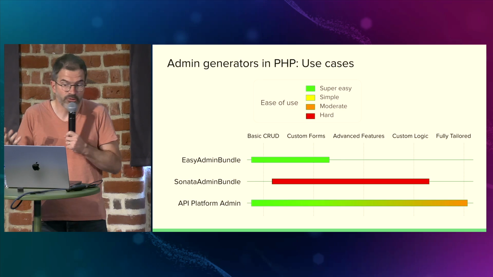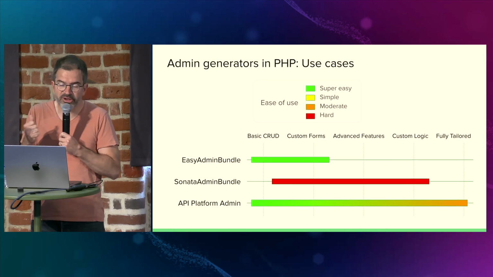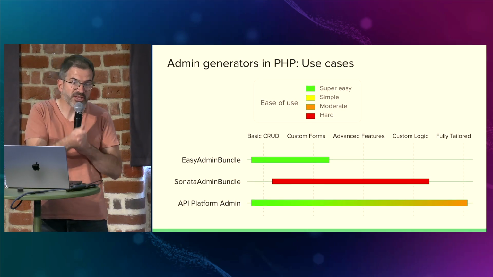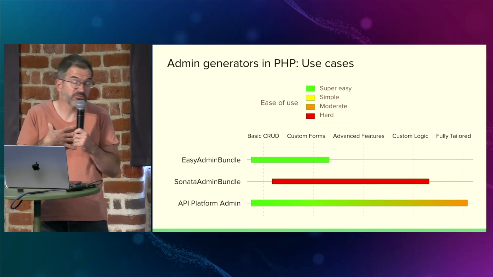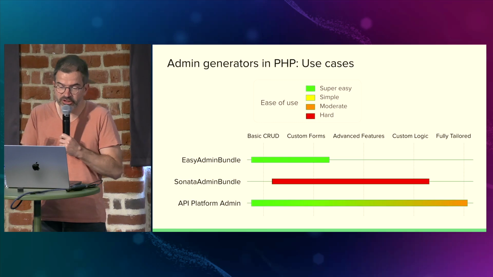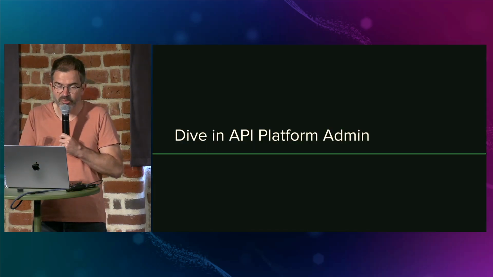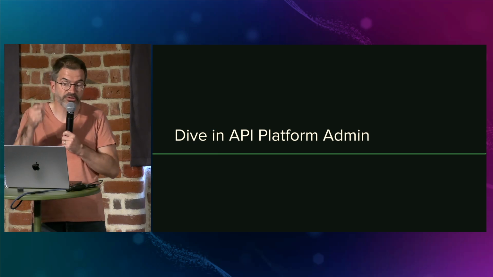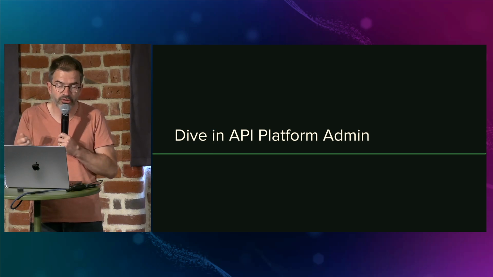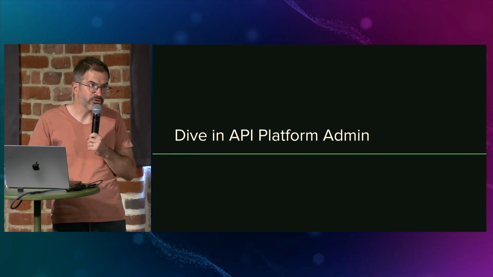But there's no silver bullet. Even for complex apps, its component-based API helps keep the code manageable. And this is just my personal take. Your experience may differ. But I'm here to convince you to use API Platform Admin and to show some of its features that no other admin generator can offer.